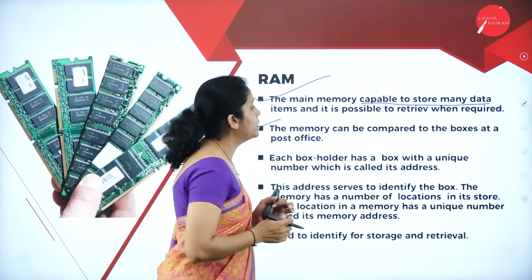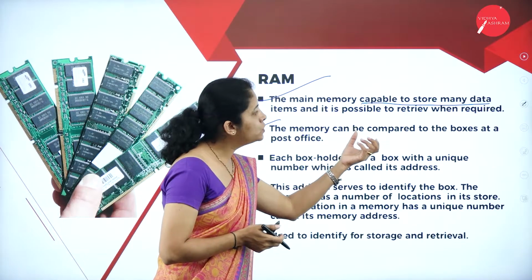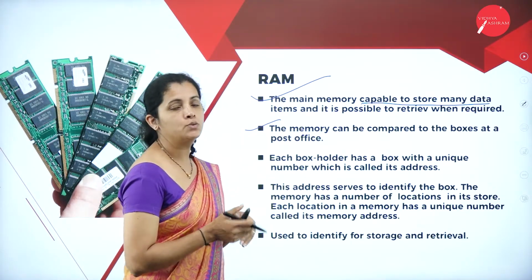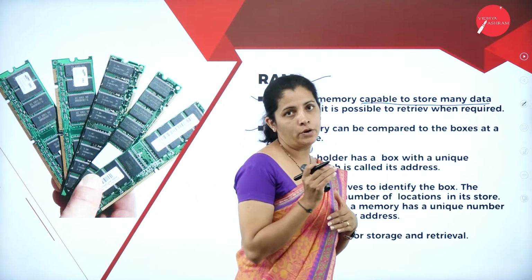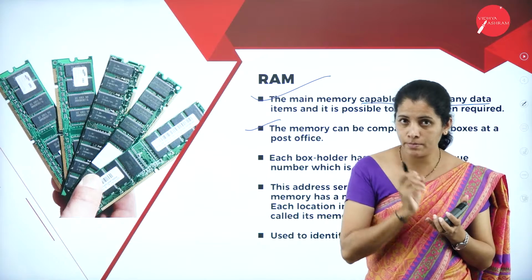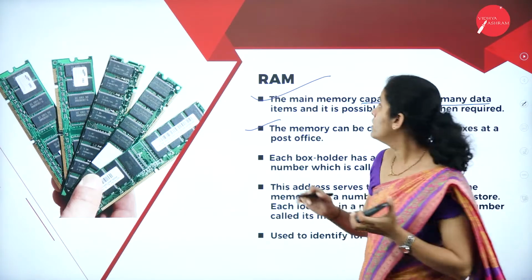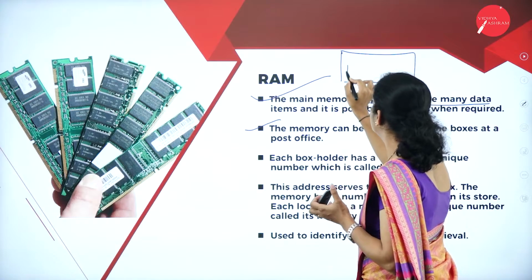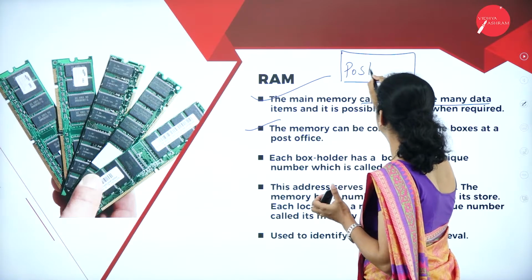The main memory can be compared to a box at a post office. Whatever primary memory, main memory or random access memory I have, I am going to consider that as my post office box.